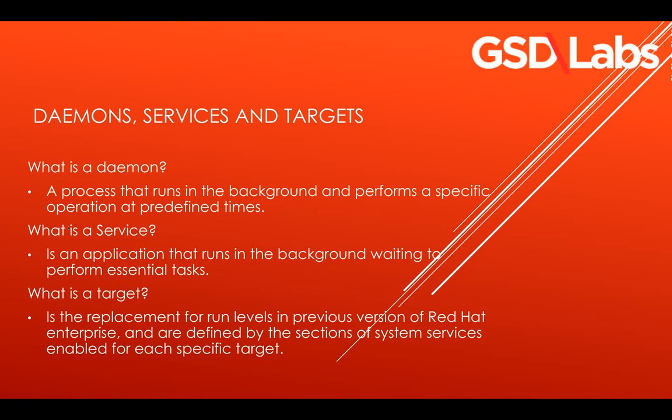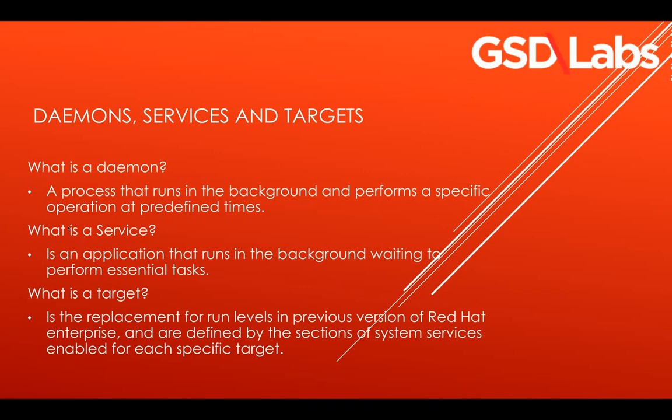The next one is targets. If you're familiar with previous versions of Red Hat, before we used to use run levels, the targets are really the replacement for your run levels. The target defines the selection of system services that are enabled for a particular environment.